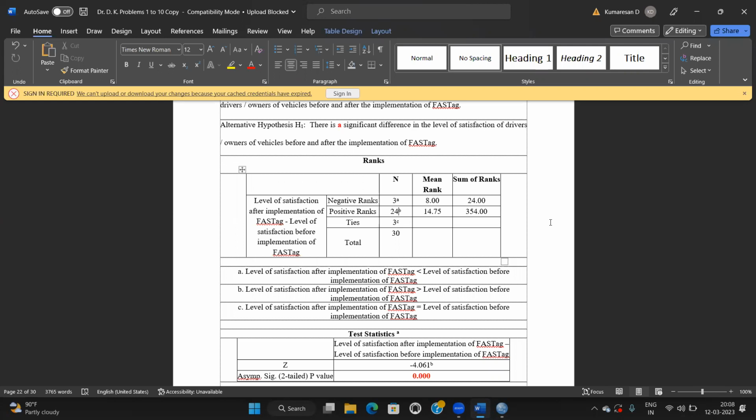Not only that, the very purpose of implementation of FASTag is to reduce the consumption of time, to reduce the waiting time in the toll plaza. So it is obviously proved, because out of 30 drivers, 24 drivers said their satisfaction level increased after implementation of FASTag. So that is what we conclude.